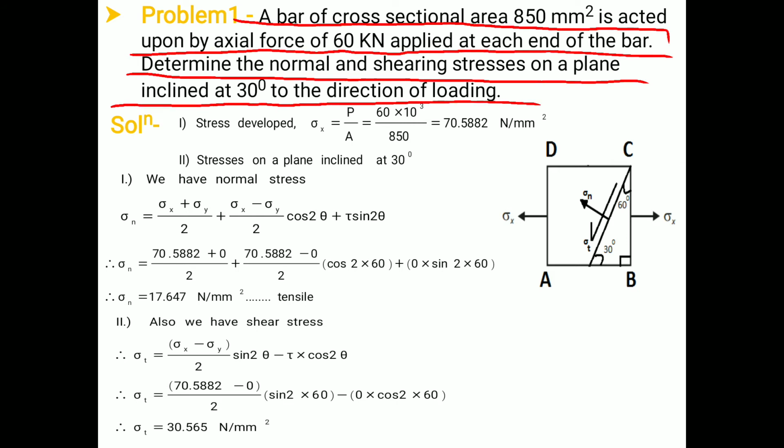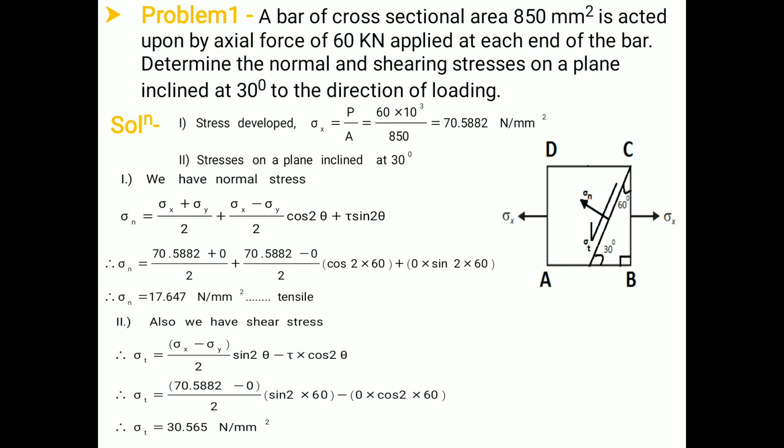Remember that it's a cross-sectional area of 850 mm square, very important. It is acted upon by an axial force of 60 kN applied at each end of the bar. We have to determine the normal stress and the shear stress on a plane which makes an angle of 30 degrees with the direction of loading. It is very important here.